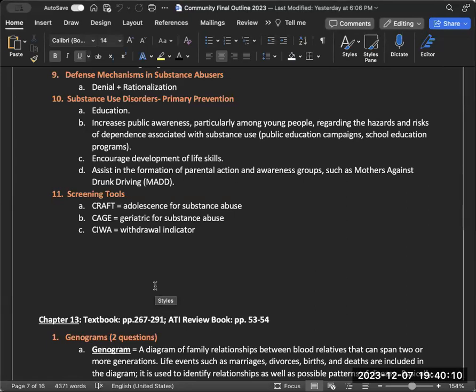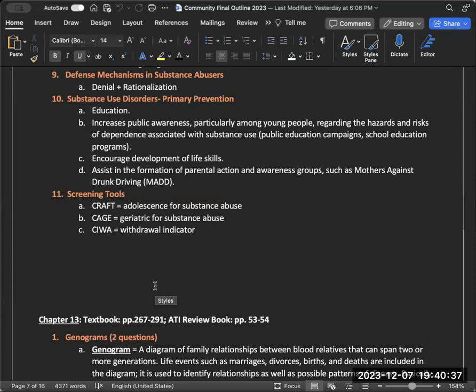Now, how can we promote primary prevention for substance use disorders? Well, we could educate on what substance use can do and the effects.